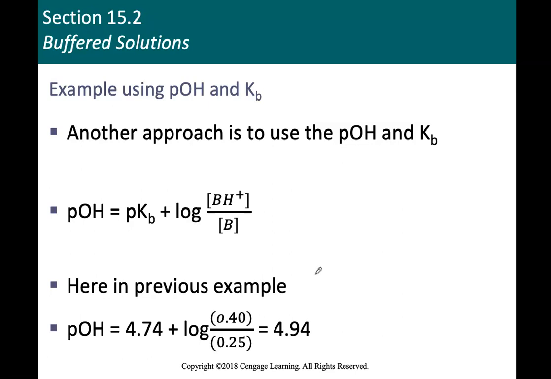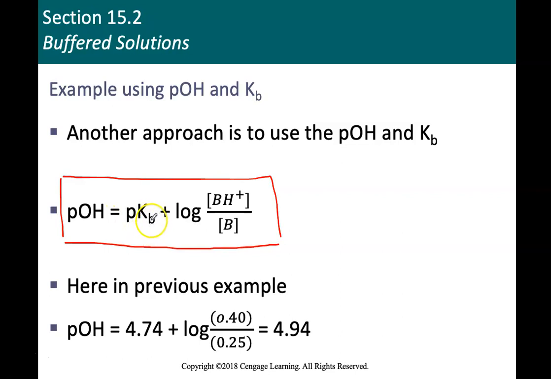Now, one other step in this calculation is that we can use another form of the Henderson-Hasselbalch equation, and that is the pOH form. But I'd like you to note this equation very carefully. So we can write pOH is equal to, instead of pKa, it'd be pKb plus log of the concentration, and now instead of the base above, it'll be the acid divided by the base.